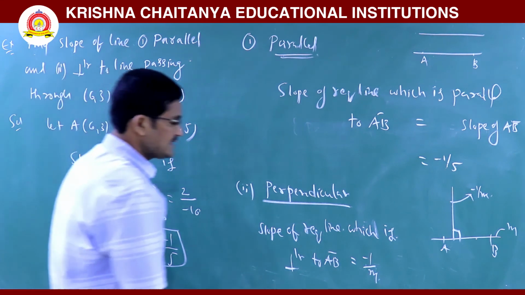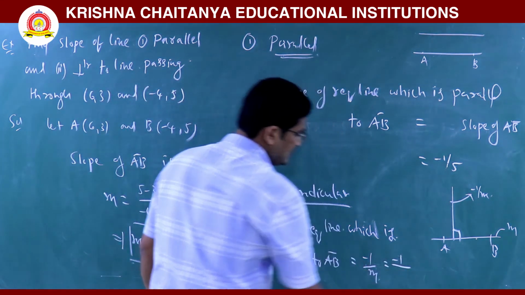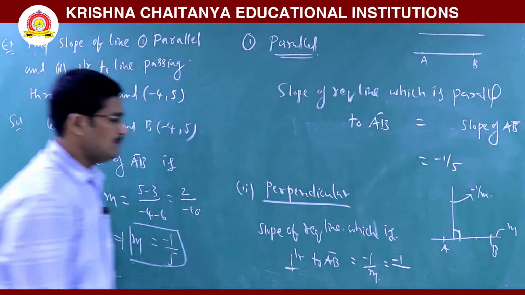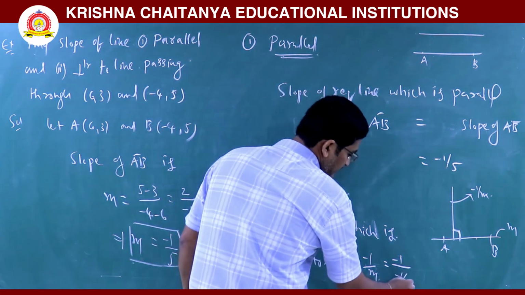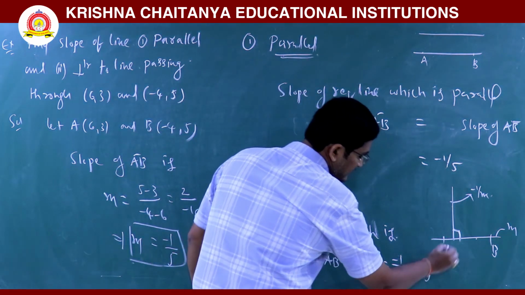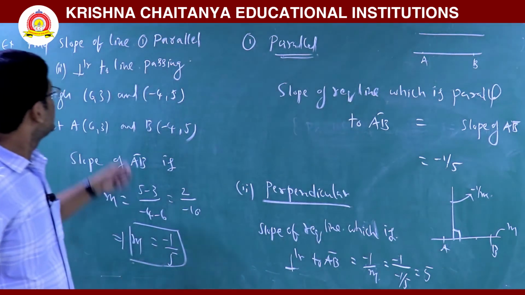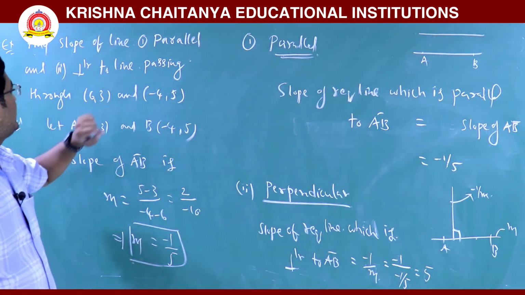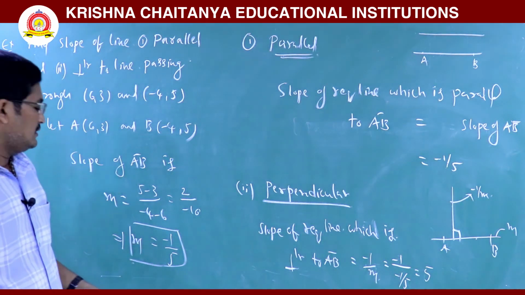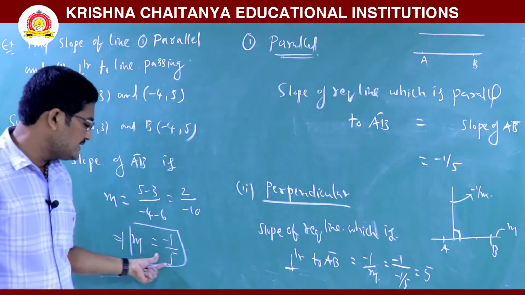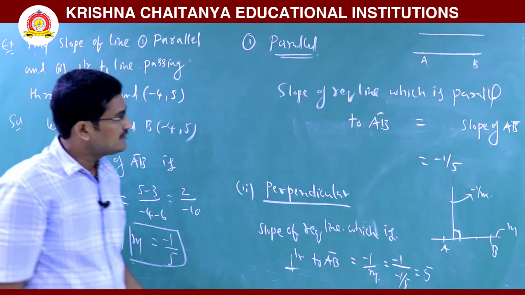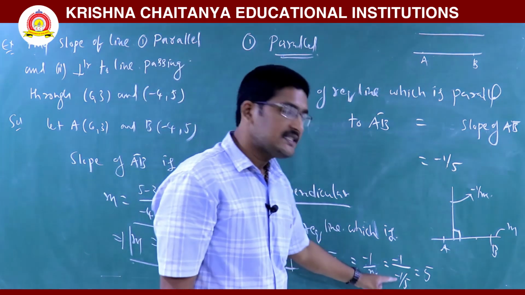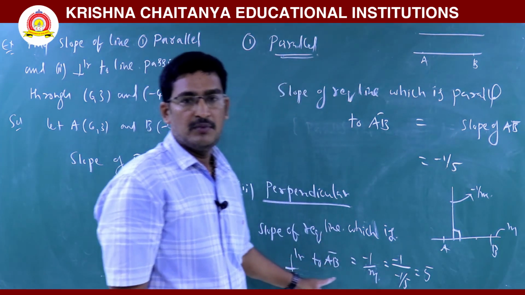That is minus 1 by, what is m there? Minus 1 by 5. So minus 1 by minus 1 by 5. What is the answer? 5. So the slope of the line parallel to AB bar is minus 1 by 5. The slope of the line perpendicular to AB bar is 5. Okay, you have to remember all these things.